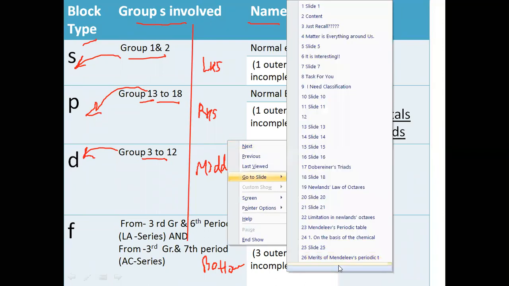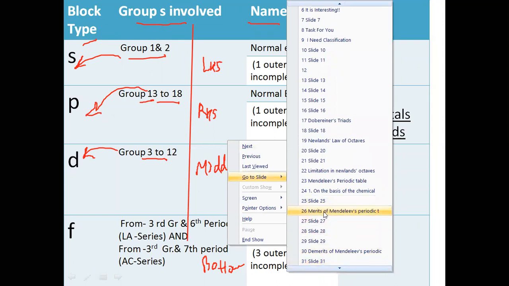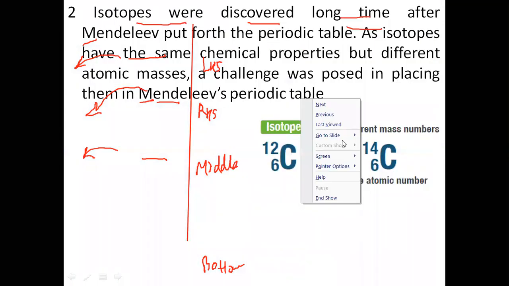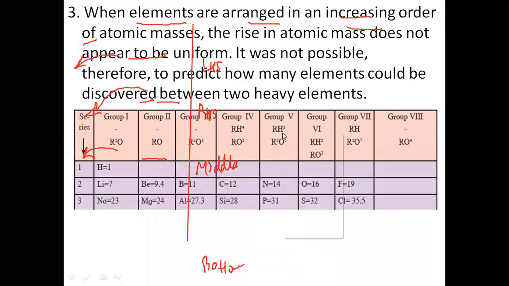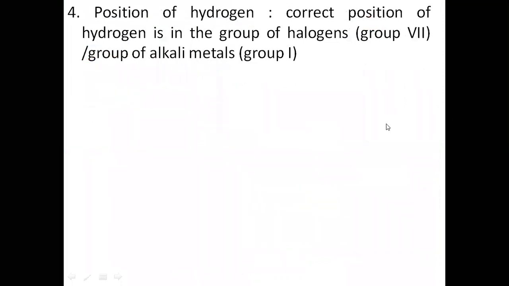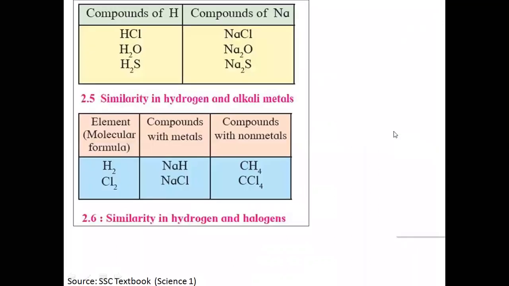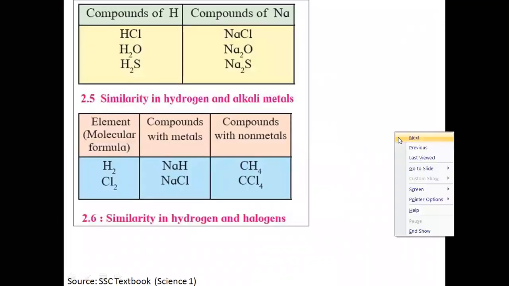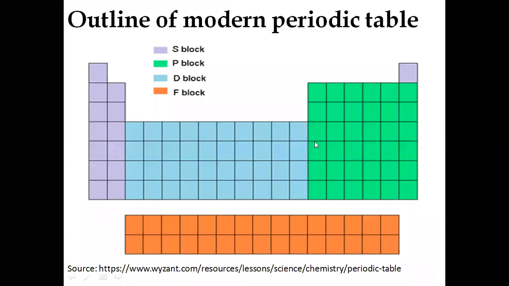Let's begin with the outline of the periodic table. This is the outline as we have seen in the table. See here, there are four colors.